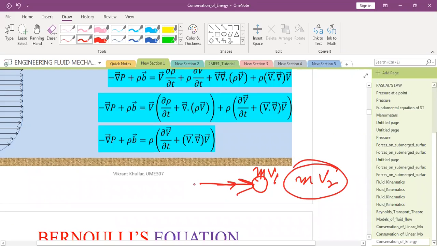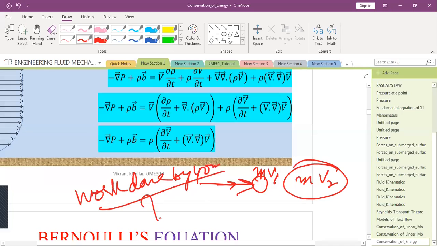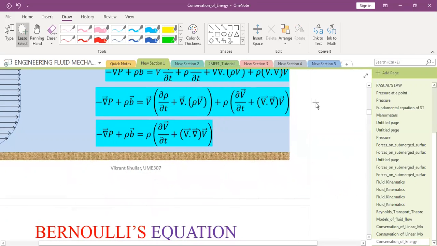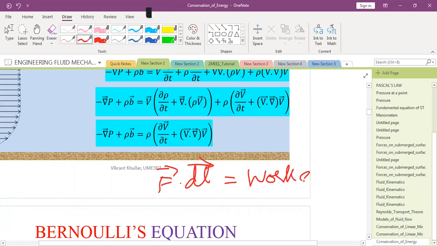Work done by you should be equal to what? Force into displacement. Rate of change of momentum. Force dot dl. This is what you define as work done.